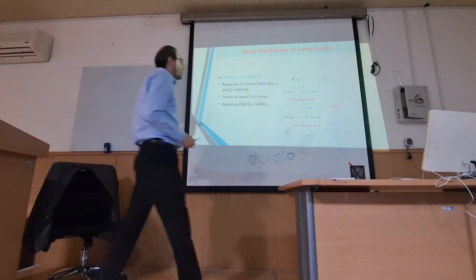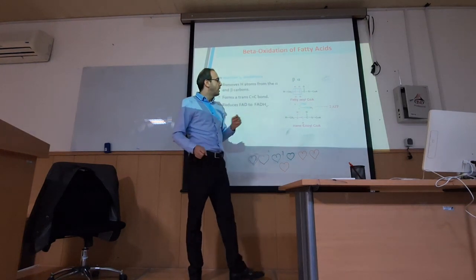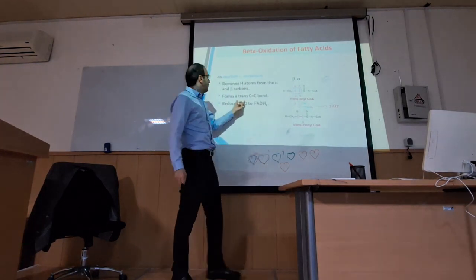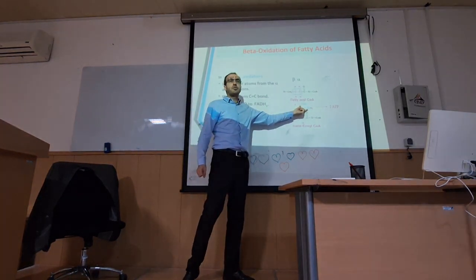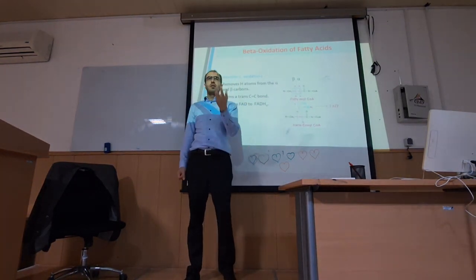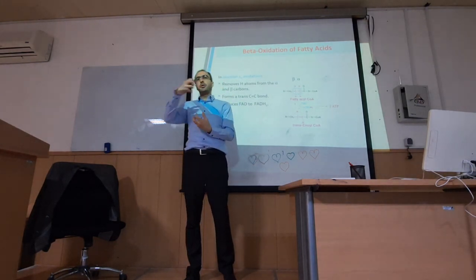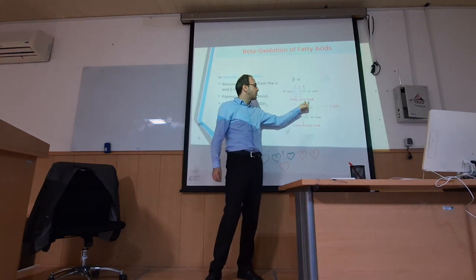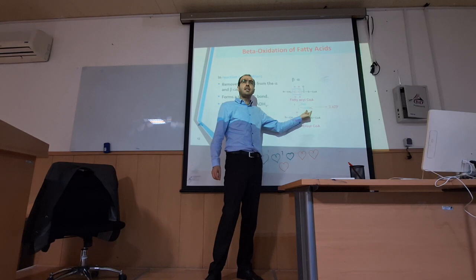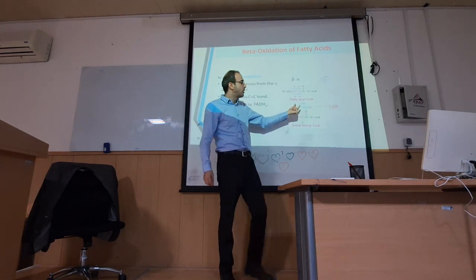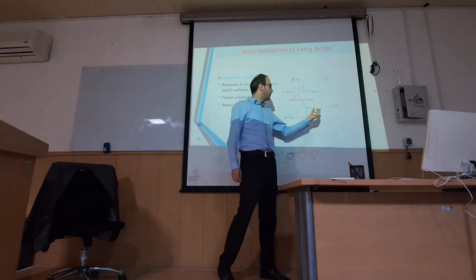So here, this is carbon alpha and this is carbon beta. The first enzyme is fatty acid CoA dehydrogenase. What does that mean? It means it takes two hydrogens from these two carbons and produces FADH2, which is equivalent to how many ATP? 2 ATP.